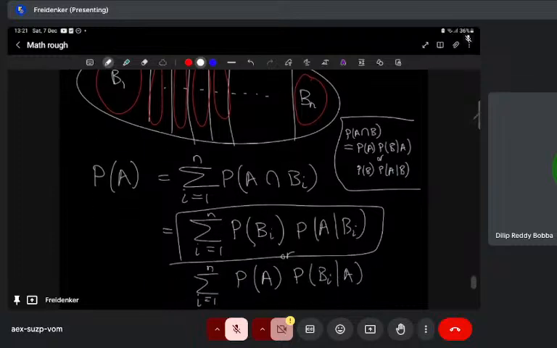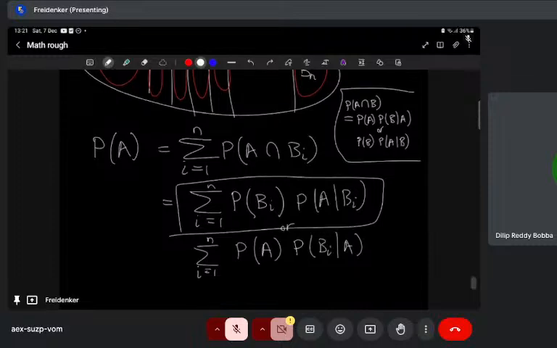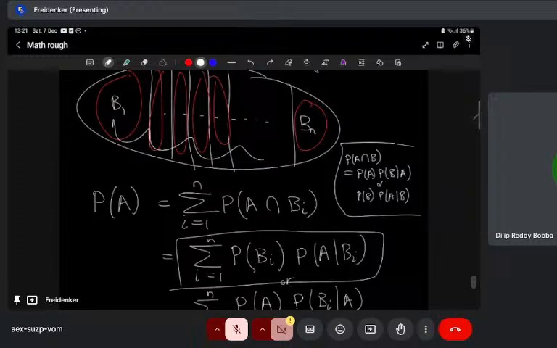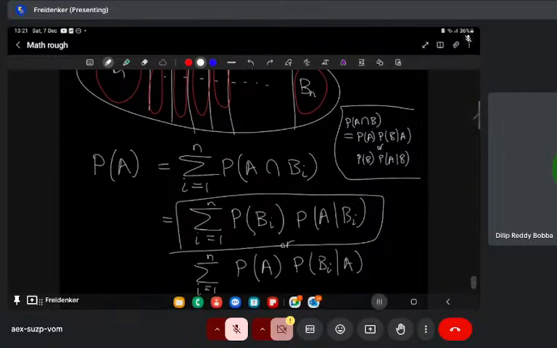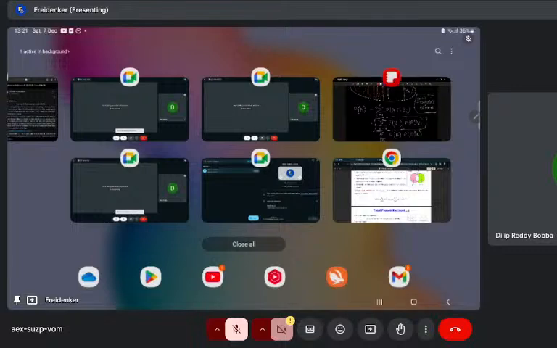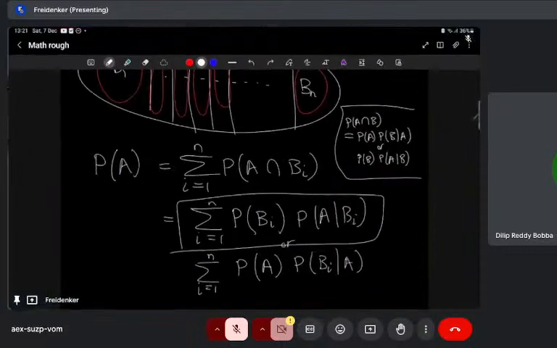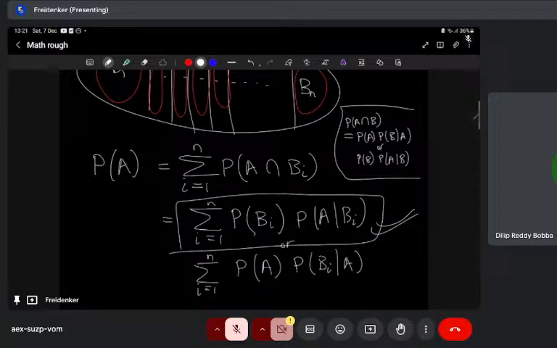In case A and B are independent, you can just remove the given part. But here, what do we know? We know nothing. Each of the Bi's are mutually disjoint, but A and B are not mutually disjoint. What did they choose? Okay, they chose the first form.